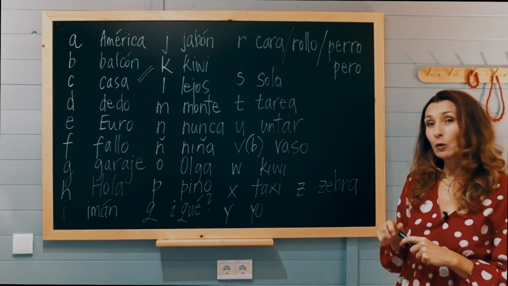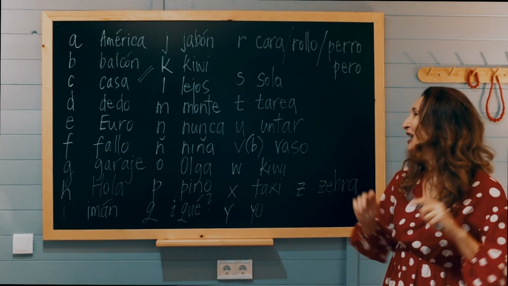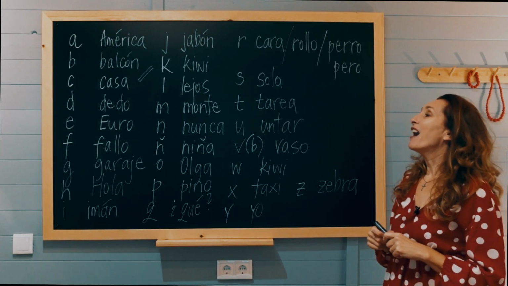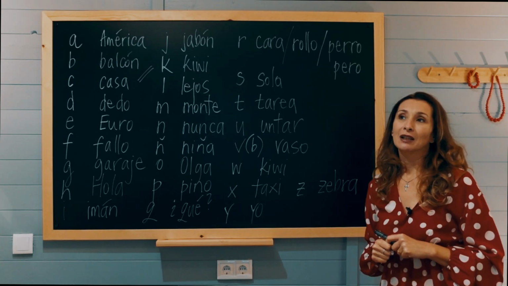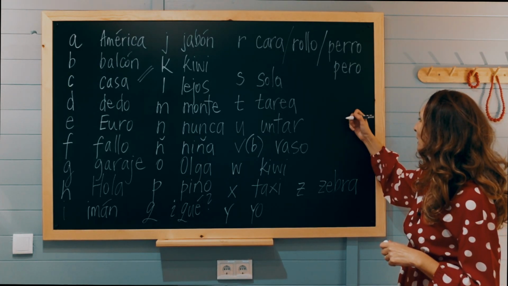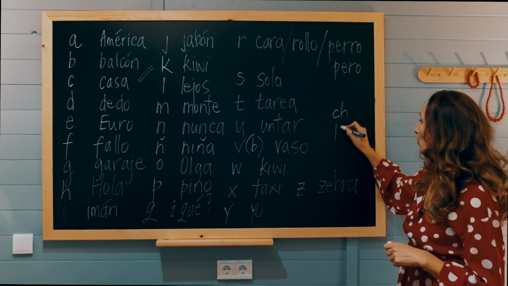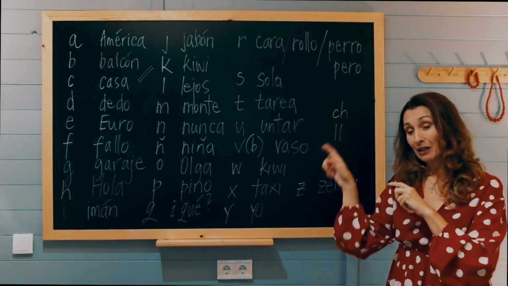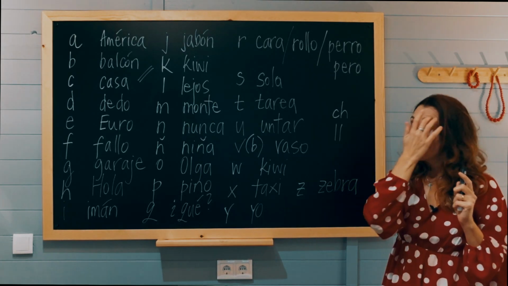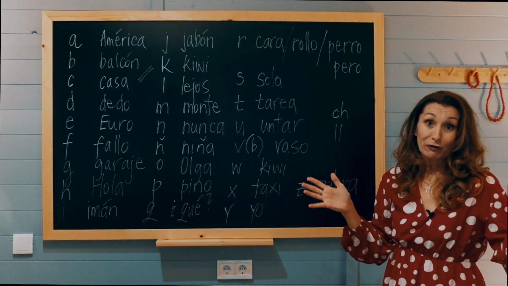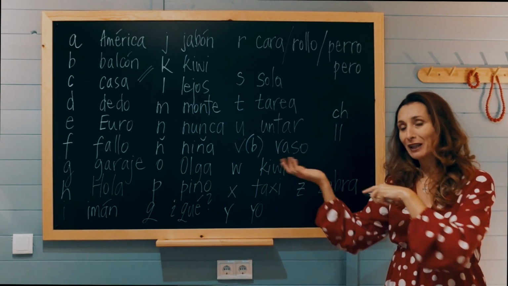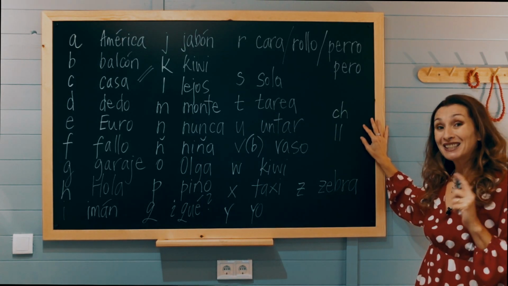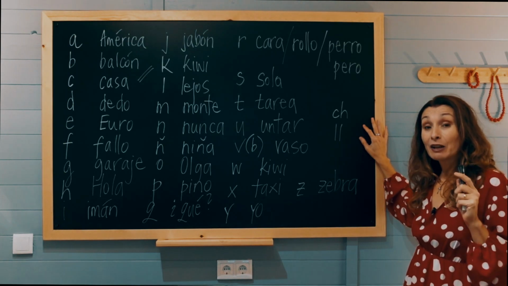Okay, and just very quickly before I say goodbye and you start practicing, which is what you have to do next, there are two double letters, so to speak. One is CH and one is double L. I've already mentioned it and I'm sure I will mention it again, but just in case you're watching this lesson for the first time, these two used to be considered a letter in their own right.